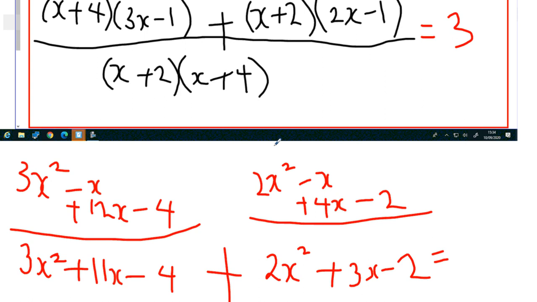Remember that. So now that we've expanded the top here, this top we've expanded equals 3 times x plus 2, x plus 4. We're cross multiplying now. That's what that other part will give us.